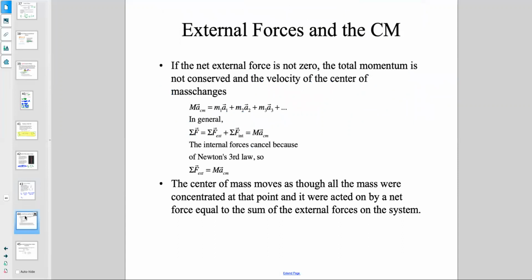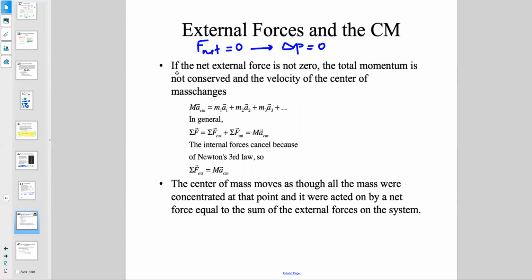External force and the center of mass. So if the net external force is not 0, what would happen if it was 0? If the net is 0, then delta P is 0.